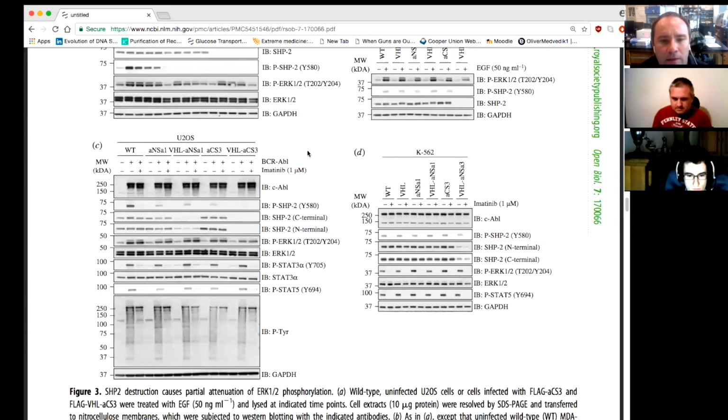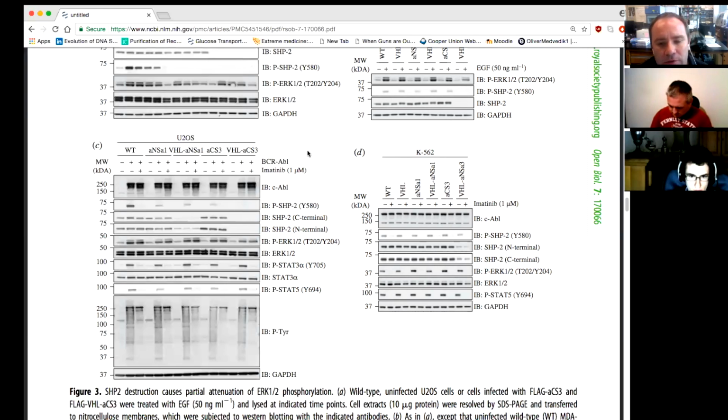Here they call it imatinib, and it's a small molecule. It's also known as Gleevec, and it's had tremendous success at, I think it's CML, chronic myelogenous leukemia. That's the condition, and imatinib is prescribed for that.